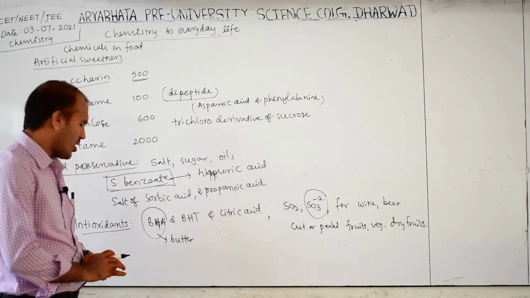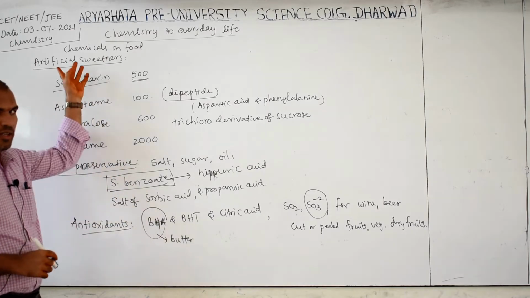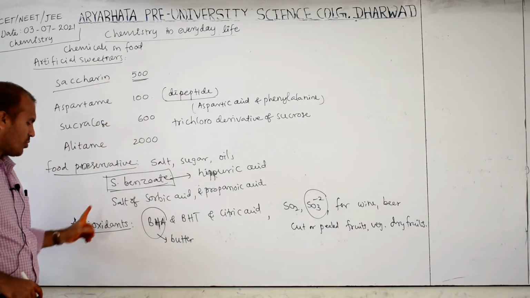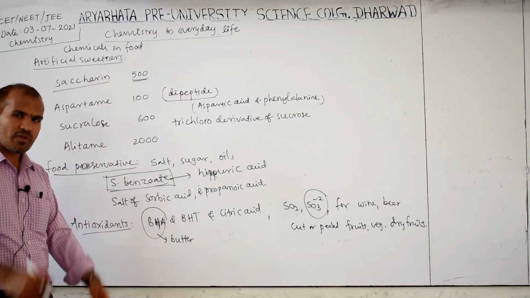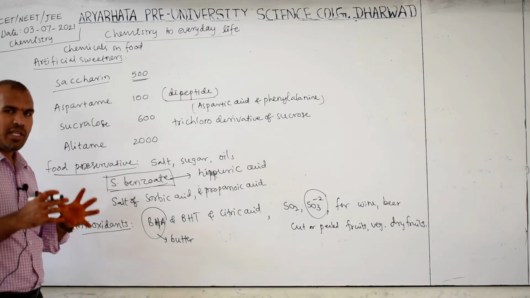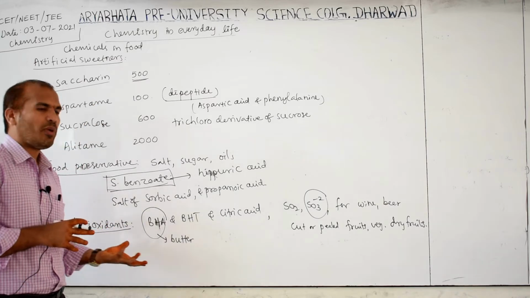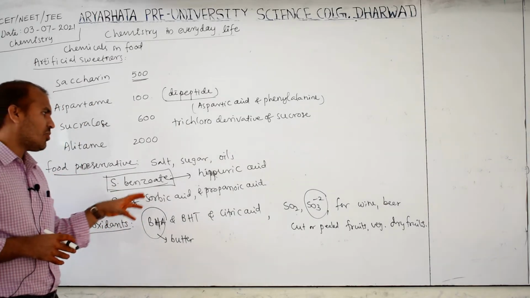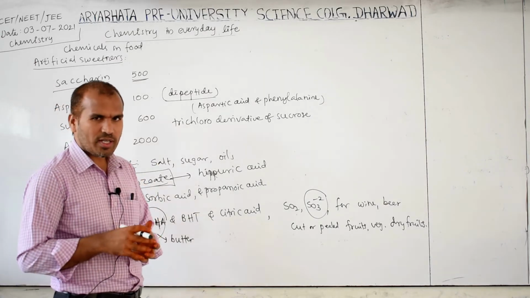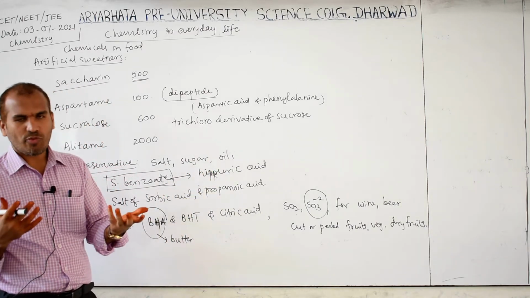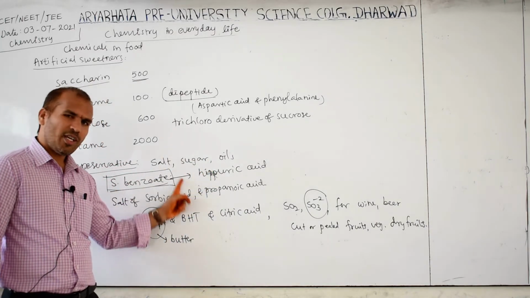Okay. So now we know about artificial sweeteners, food preservatives, antioxidants. Antioxidant is also one of the food preservatives, but here the main thing is we are stopping the reaction of oxygen with the food materials. Food preservative means any microorganism may react with the food material, then food will be spoiled. So this is based on osmosis.